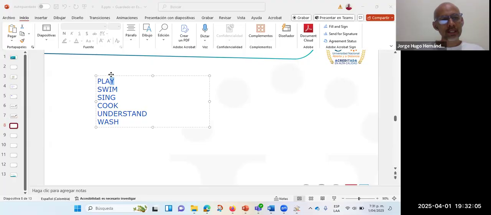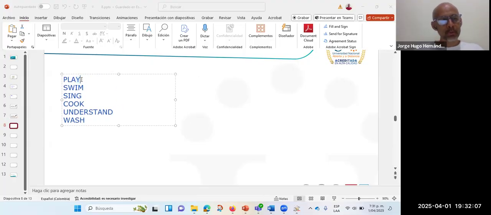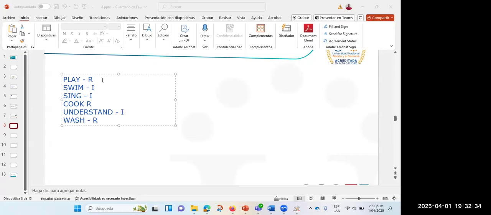We have here these 6 verbs. Vamos a omitir el paso de buscar en el listado, ¿no? Yo les voy a decir, play, it's a regular verb, swim, is an irregular verb, sing, it's an irregular verb, cook, is a regular verb, understand, is an irregular verb, and watch is a regular verb, okay?